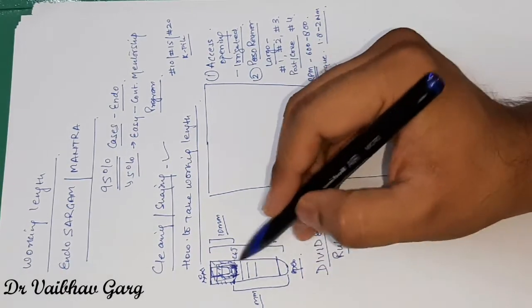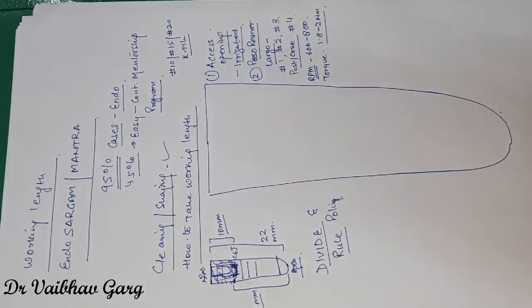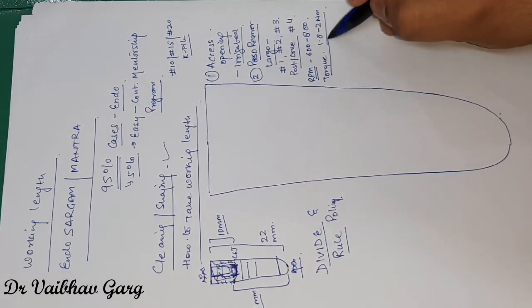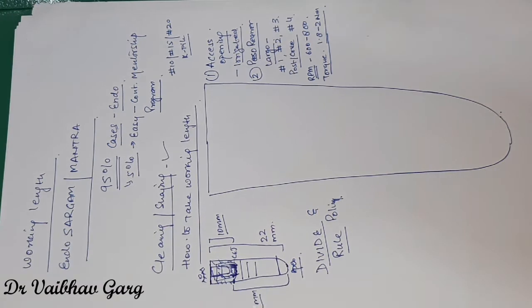We have localized the orifice. Now the torque has to be 1.8. Large torques are required for removing larger amount of dentine.